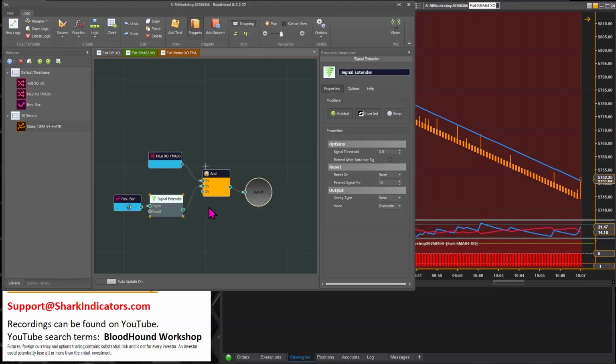Hopefully that explained a little bit about what the AND node does. So definitely when you're combining signals together, you always use the OR node. Okay, so we got that one.